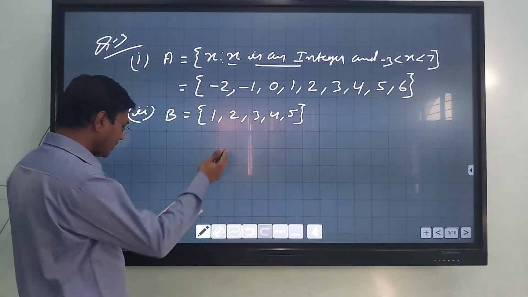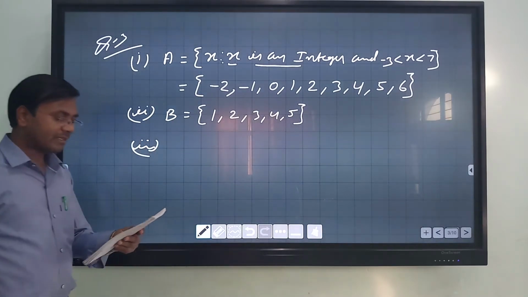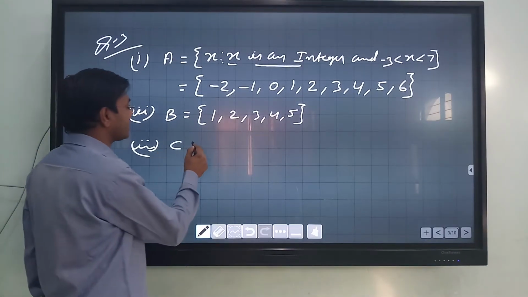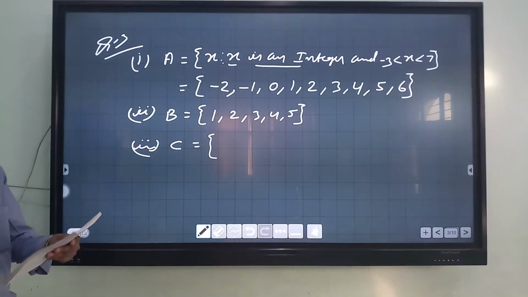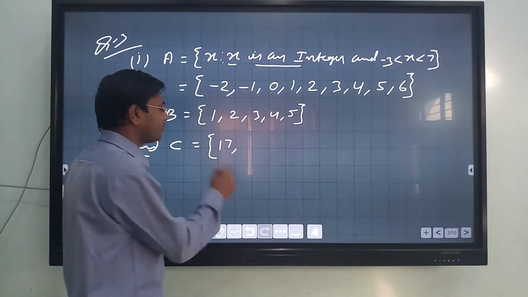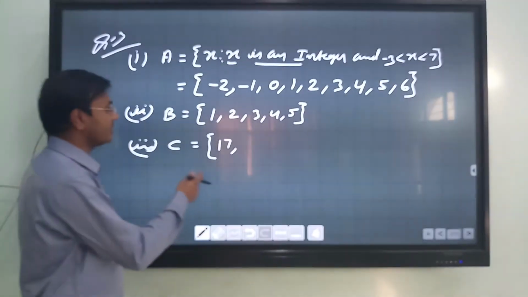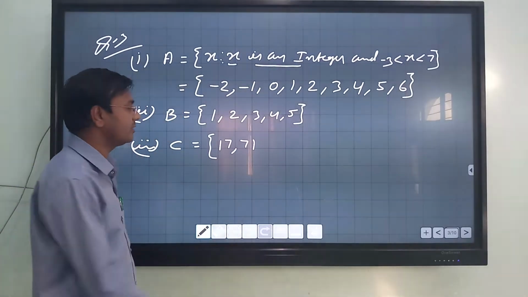Same as the third part. X is such that X is a 2-digit natural number such that the sum of digits is 8. So if we write 1, then we have to write 7, because 1 plus 7 is 8. Similarly, its reverse also is a natural number.